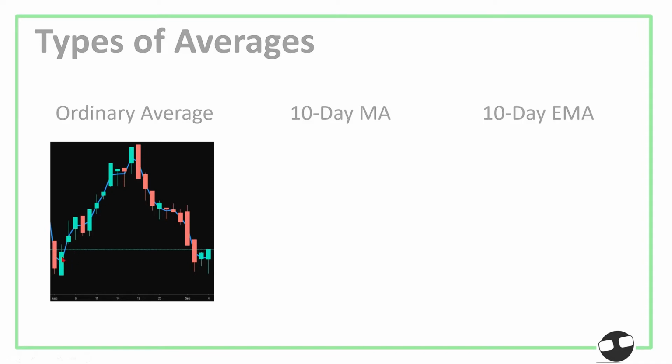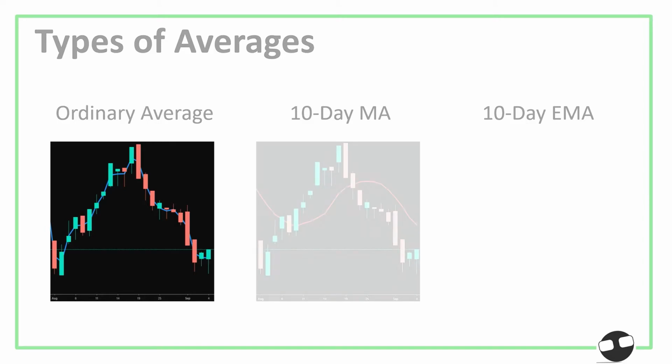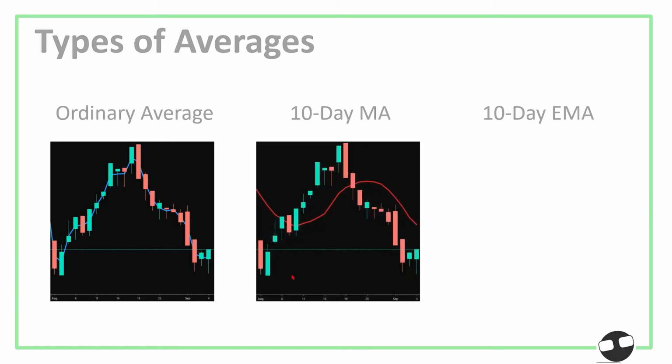So if you're going to look at here, it actually captures or follows the immediate trend of those prices, but it doesn't actually give a very strong direction of the trend. So here we have the red line as the 10-day moving average. Now if you're going to look at here, it actually represents a specific direction.